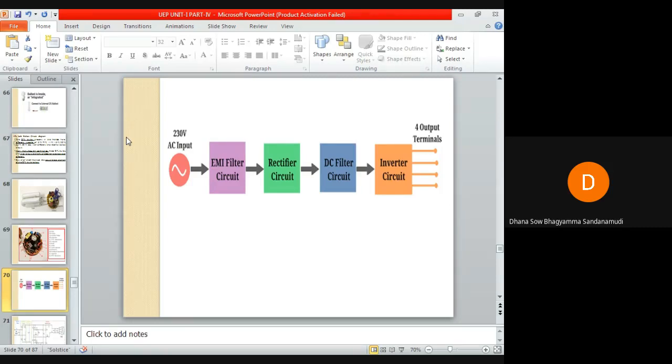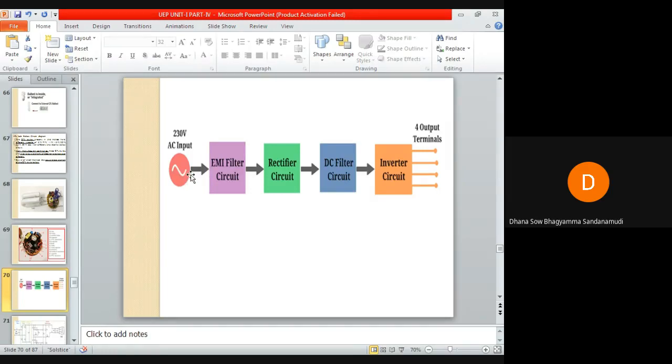The main purpose of connecting a series resistor in between the phase of the input terminal and the EMI filter is to limit the overload current and short circuit current. So in order to limit the overload current and short circuit current, there will be a series resistor, which is not shown here, connected in between the EMI filter circuit and AC supply.